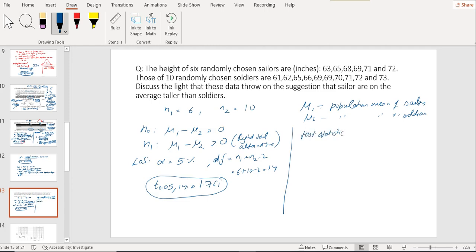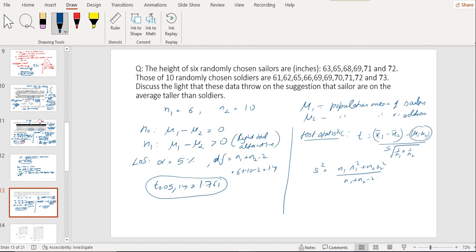What is the test statistic here? T is equal to x1 bar minus x2 bar minus (mu1 minus mu2) upon capital S into square root of 1 upon n1 plus 1 upon n2, where capital S square is (n1 s1 square plus n2 s2 square) upon (n1 plus n2 minus 2). So mu1 minus mu2 is 0, so the value of t will be x1 bar minus x2 bar upon the remaining term.